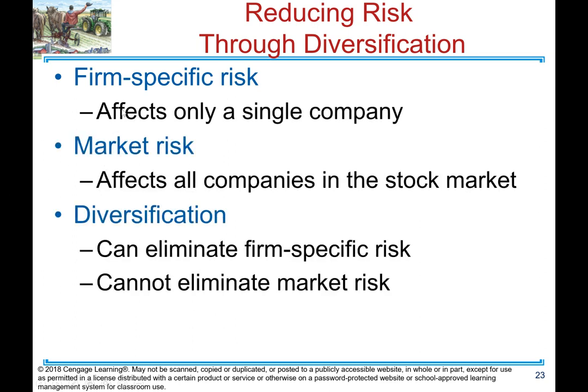Two kinds of risk. There's firm-specific risk, which affects only a single company. There's market risk, which affects all companies in the stock market. Diversification can eliminate firm-specific risk, but it cannot eliminate market risk.